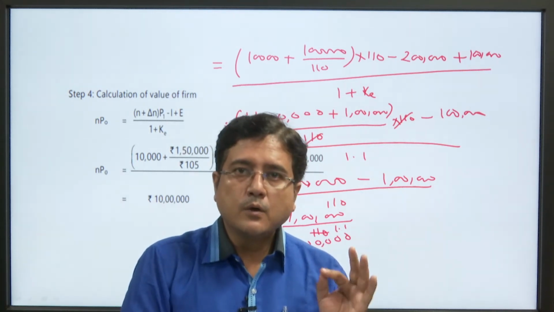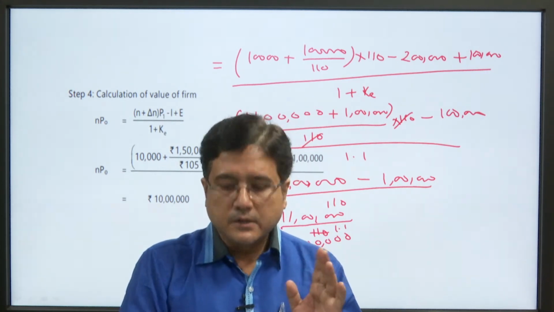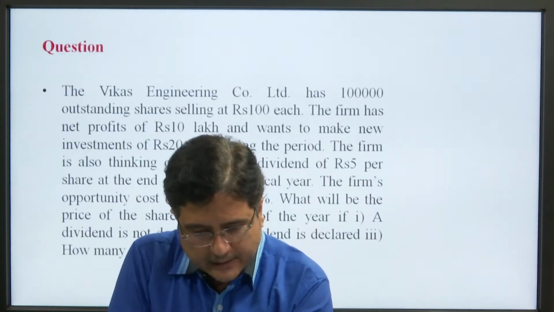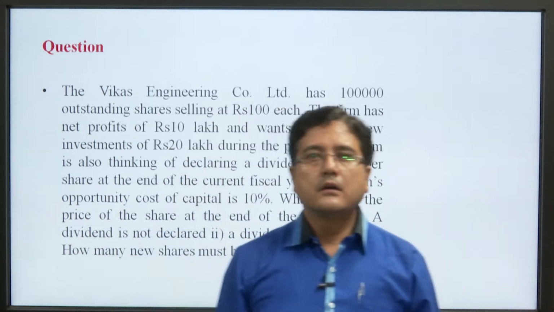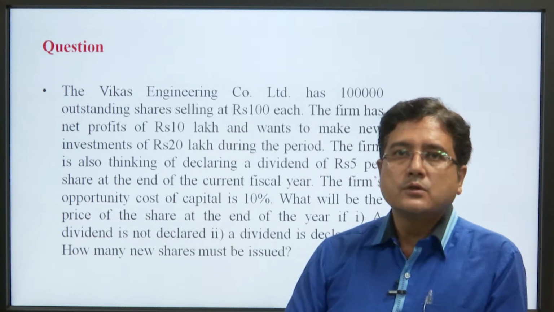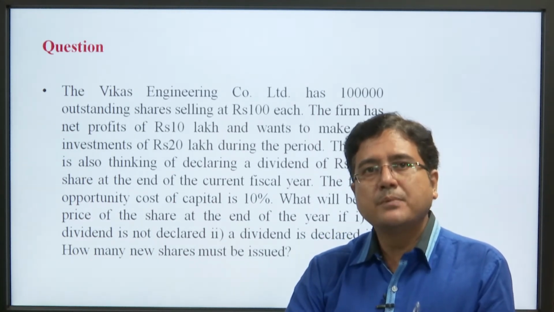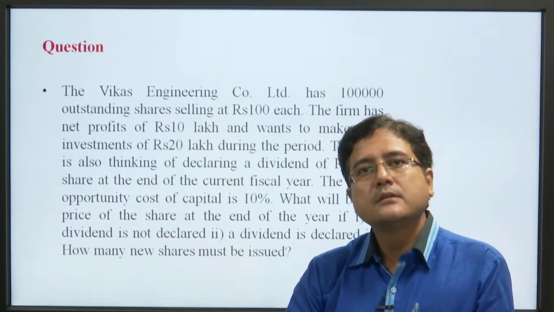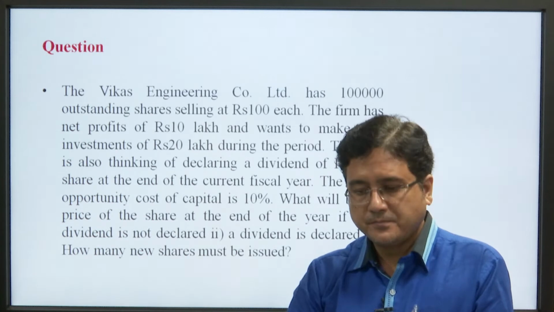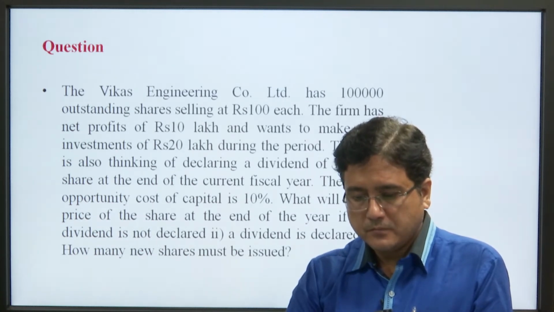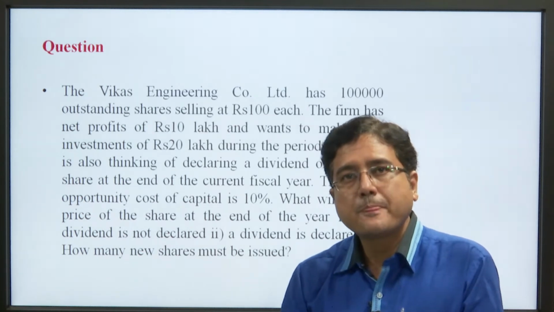I hope now you are able to understand the concept. Let us take another numerical case to understand this topic more. Vikas Engineering Company Limited has 1 lakh outstanding shares of 100 rupees each.